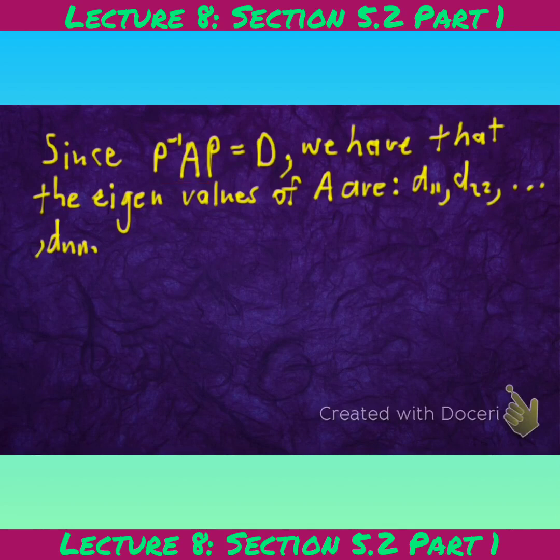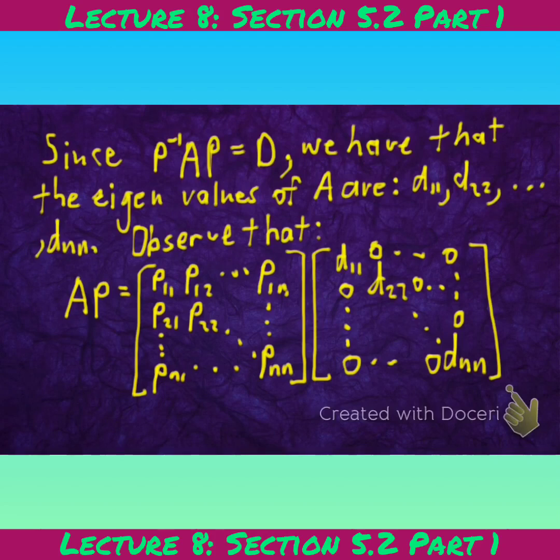So therefore the eigenvalues of A are going to be the values on the diagonal. Remember the eigenvalues of D are the diagonal entries. Right, so observe that the matrix A times P is then obviously the matrix P times the diagonal matrix D.